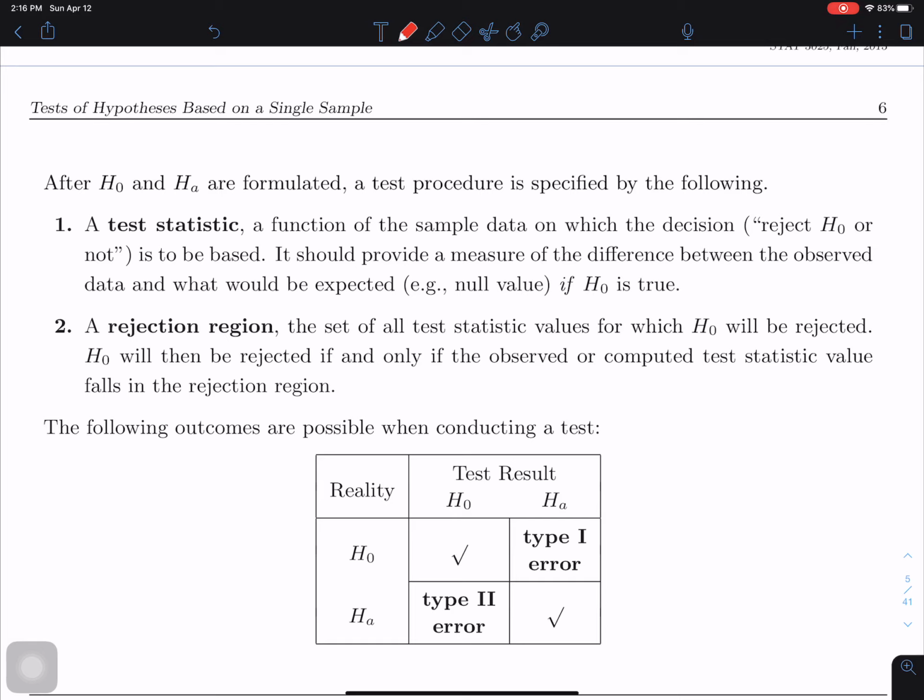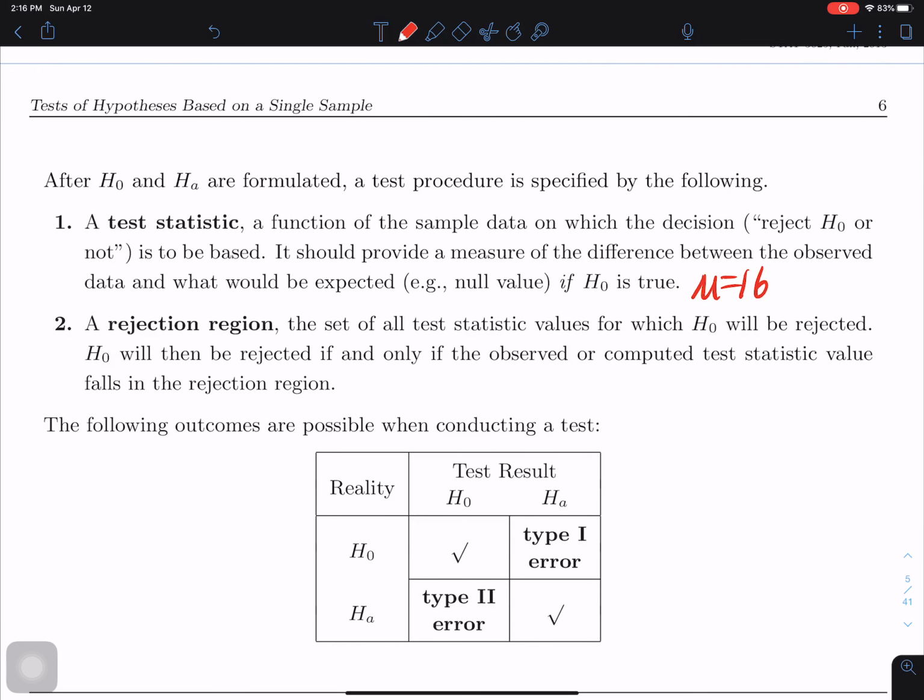For example, if our hypothesis value is mu equals 16, and what we observed is x bar equal to 15, our test statistic should be based on the difference between 16 and 15. Then we measure this value to see if it is big enough to claim that the hypothesis value is inconsistent with my observed value.